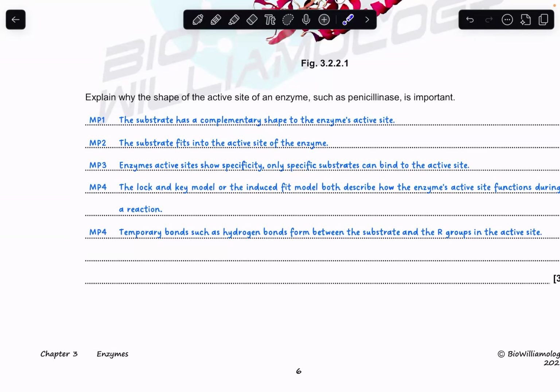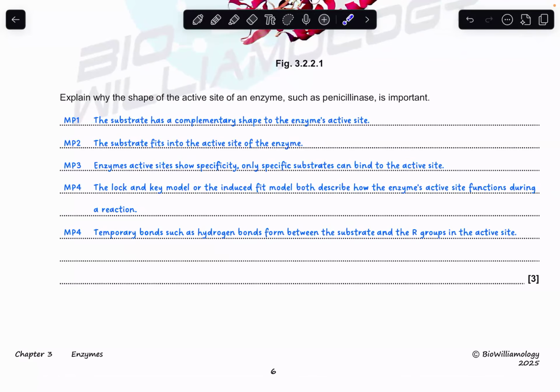Without the word shape, you might not get the mark. Because of their complementary shapes, the substrate can fit into the active site of the enzyme. Therefore the enzyme active site shows specificity, so only a specific substrate can bind to the active site.